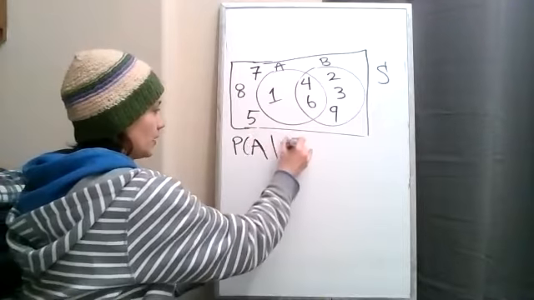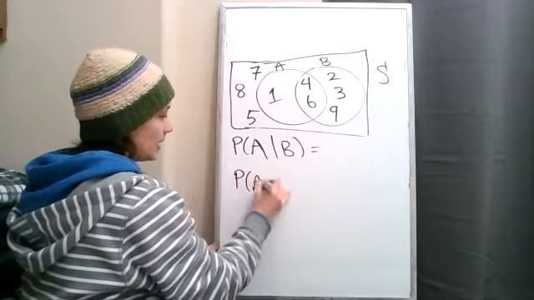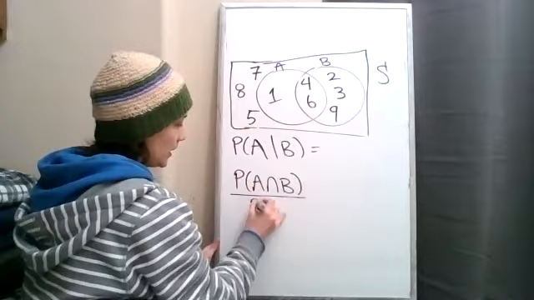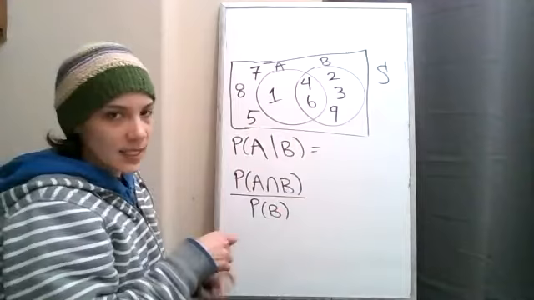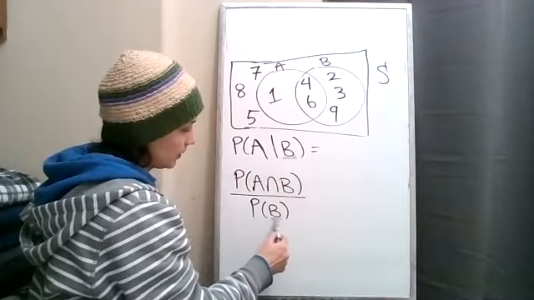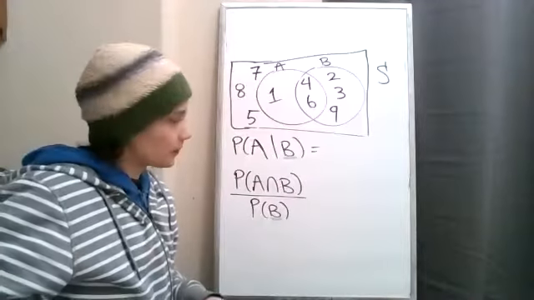A given B. Probability of A and B divided by probability for B. Whatever set is in the second spot, that's the one that goes there.